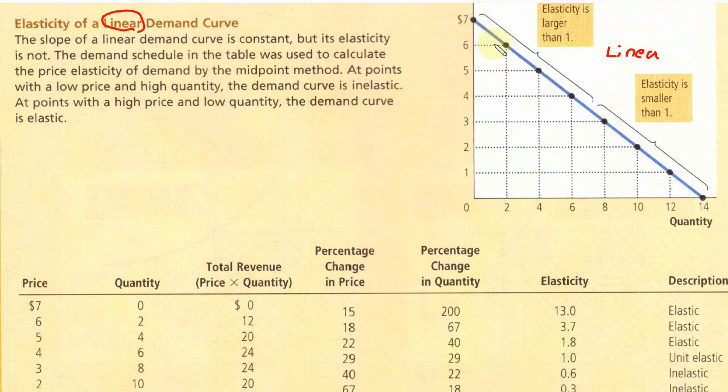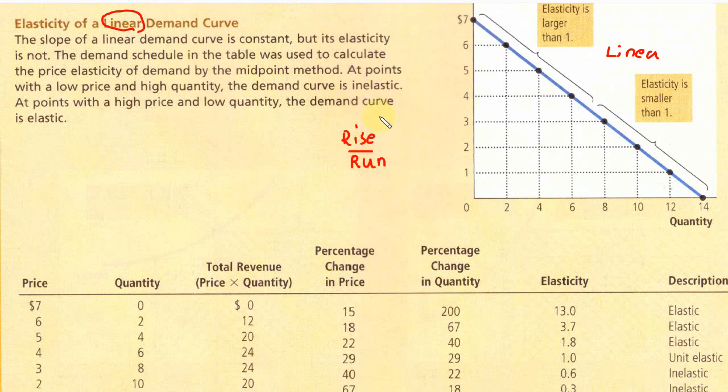The slope is calculated by rise, the ratio from rise. I mean, the slope is calculated by rise and run.